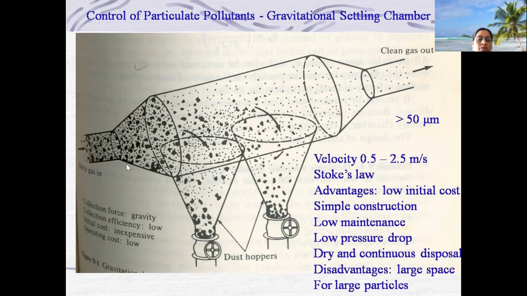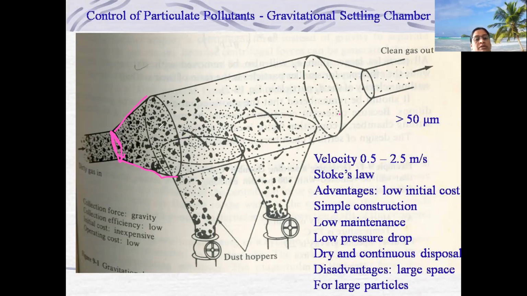When the gas enters this chamber, suddenly the diameter of the chamber increases from this spot. Because of the increasing diameter, the velocity of flow starts reducing. Due to the suddenly decreasing velocity of flow, the particle velocity is also slowed down.